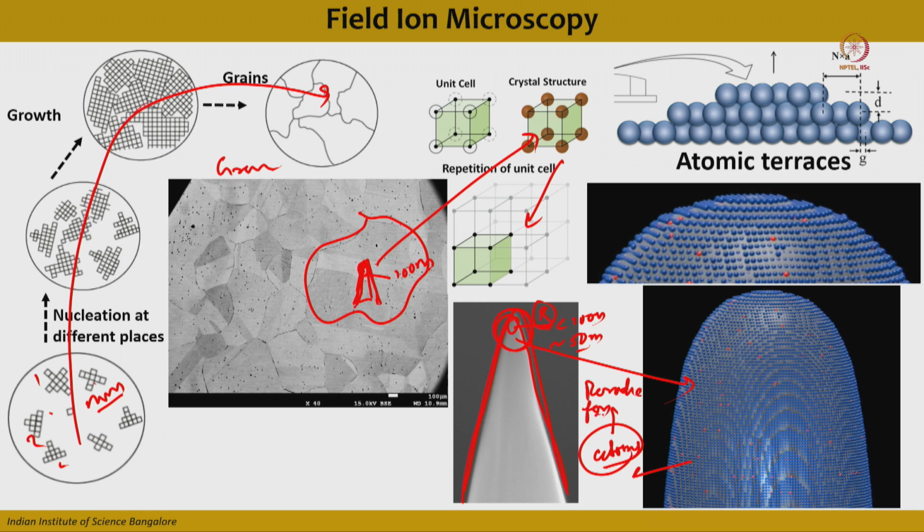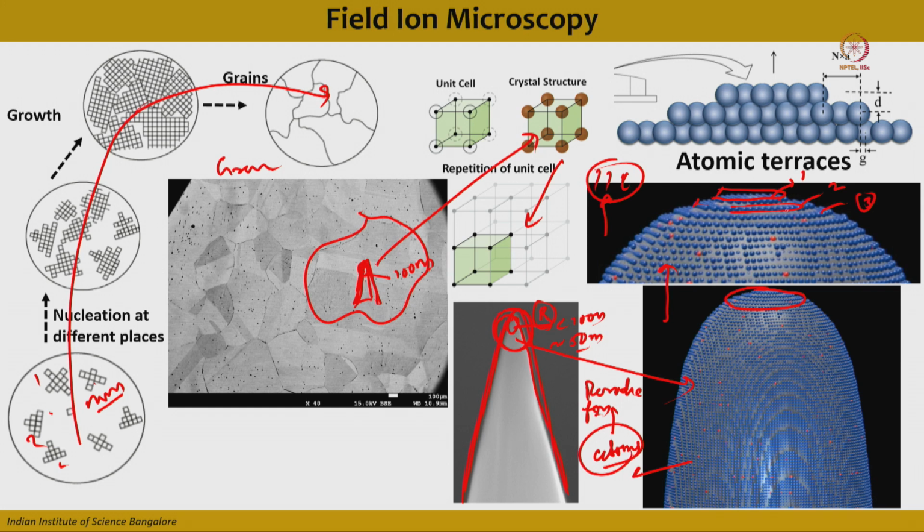If you zoom this particular tip, you can see that these atoms have a certain orientation in this direction. It might be 111 orientation, and you can see that this is your first plane, this is your second plane, this is your third plane. So I am talking about two dimensions, correct? I am talking about like this, interplane.